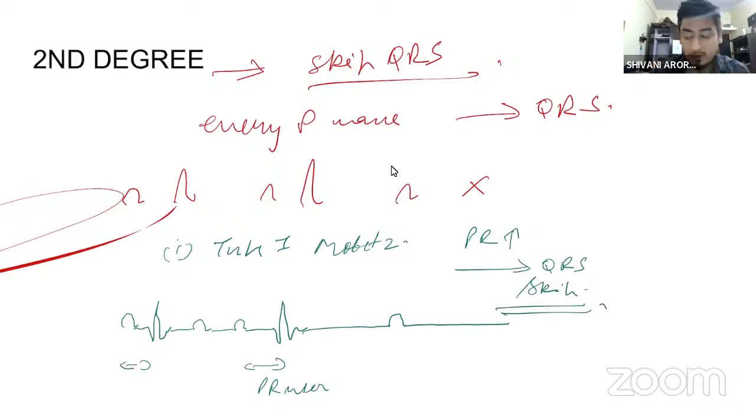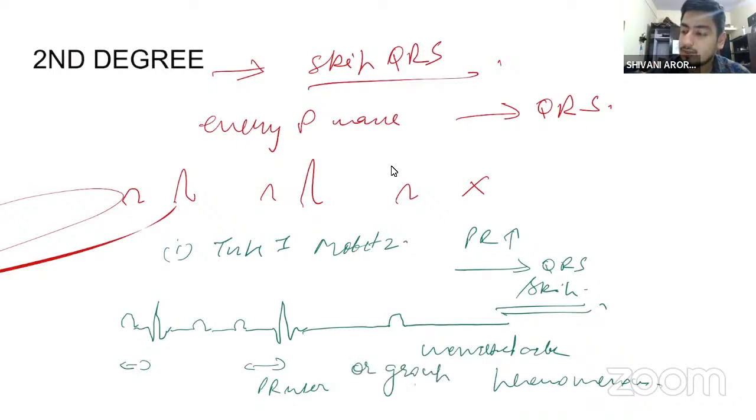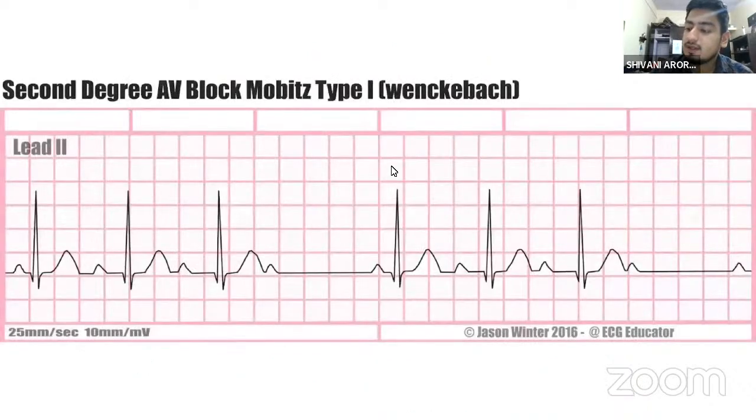This phenomenon is known as Wenckebach phenomenon, or we can call it group beating. Clear? So we can see here that this PR interval is somewhat shorter.